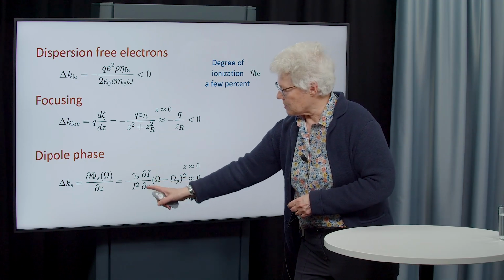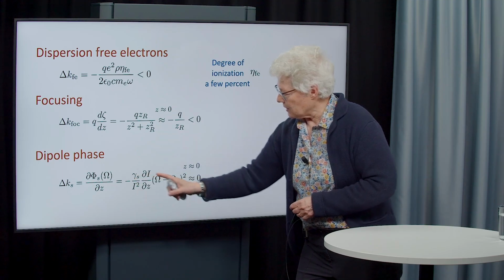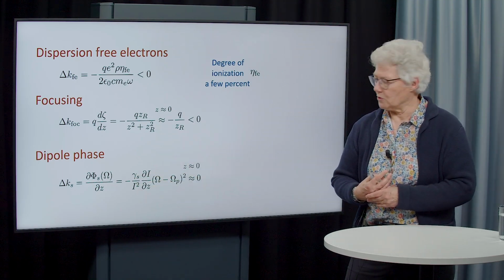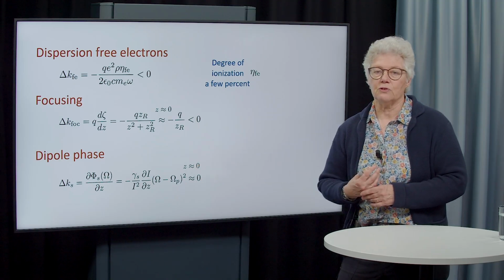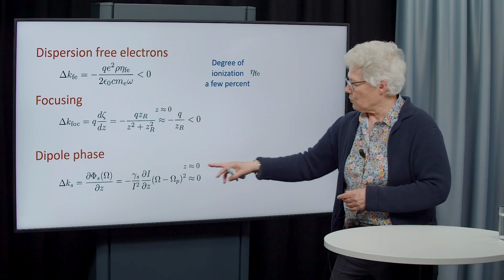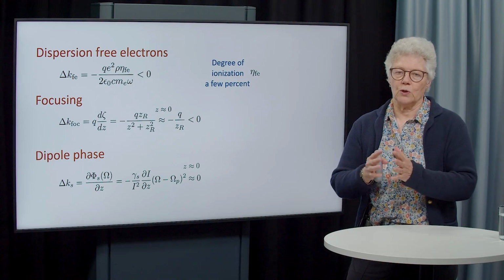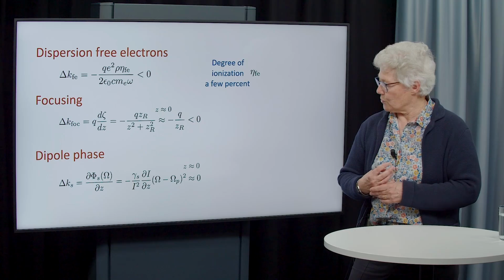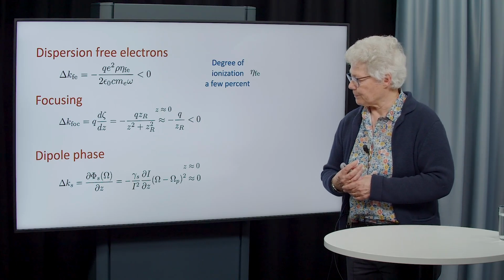And what I get is a minus sign here and a derivative with respect to z, which is proportional to z. So this is actually very close to 0 when z is close to 0, so when the medium is generated close to the focus of the laser.